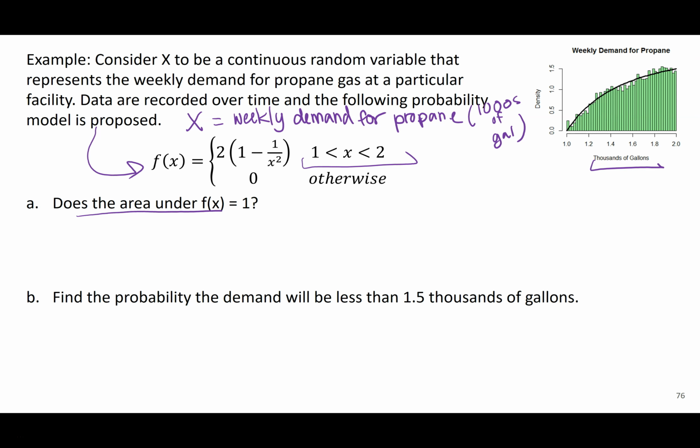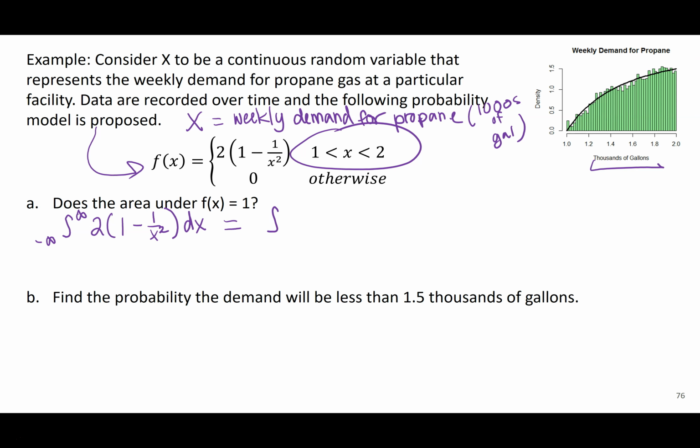We want to know, does the area under f(x) equal 1? So from negative infinity to positive infinity, 2 times (1 minus 1 over x squared) dx. What's interesting here is, if you look at these bounds, you don't have to go from negative infinity to positive infinity to observe everything.